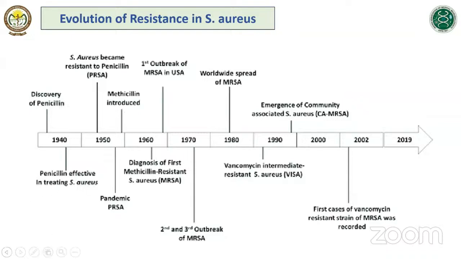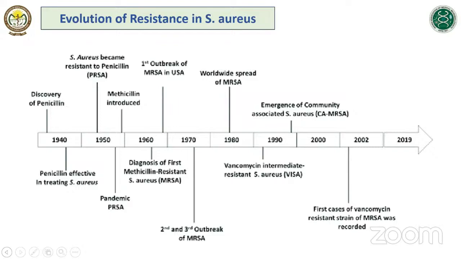Eventually, after vancomycin was started, initially given as a very crude drug and later much more refined, vancomycin-intermediate Staph aureus strains started evolving.